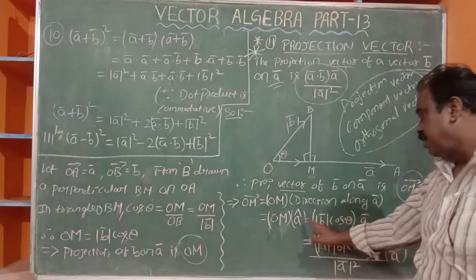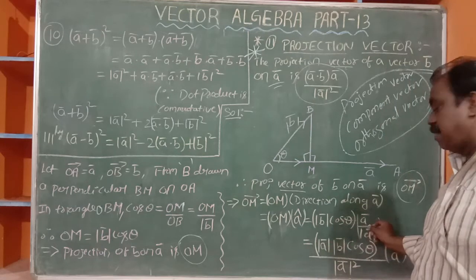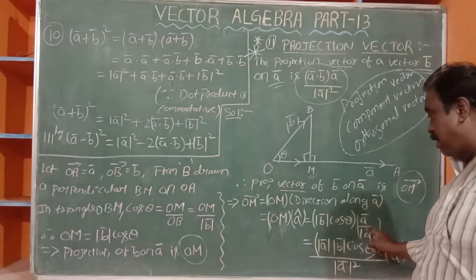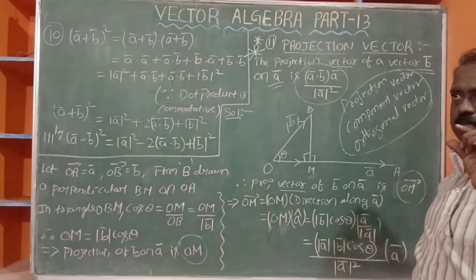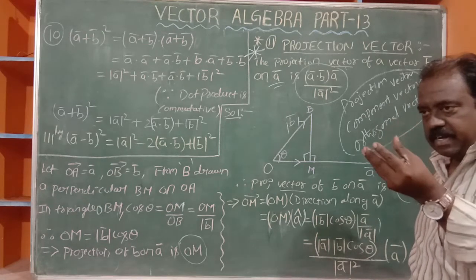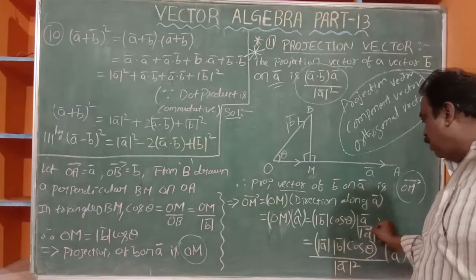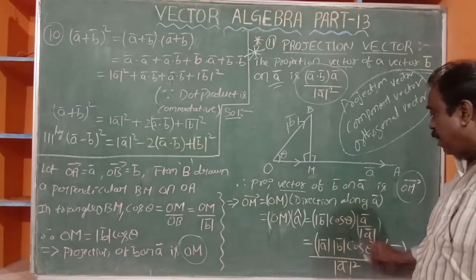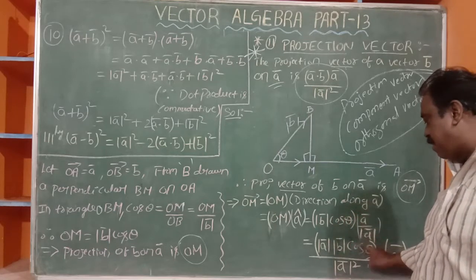Okay now? Here try to understand. A cap is, we know, A bar by modulus of A bar. Any unit vector means that vector divided by its magnitude. Okay now? Right. So modulus of B bar cos theta by modulus of A bar.